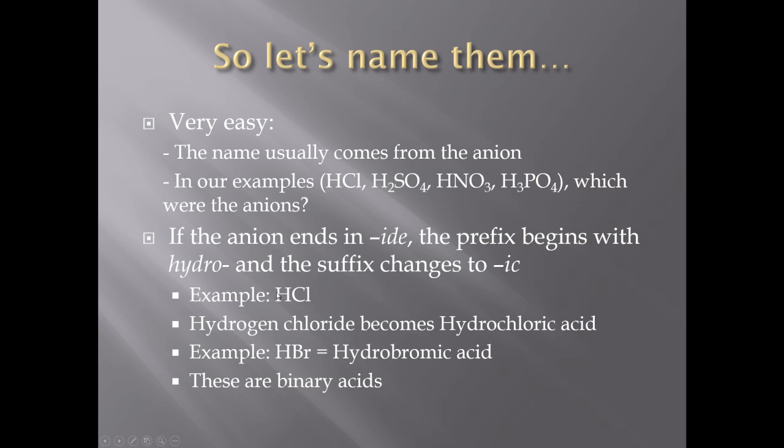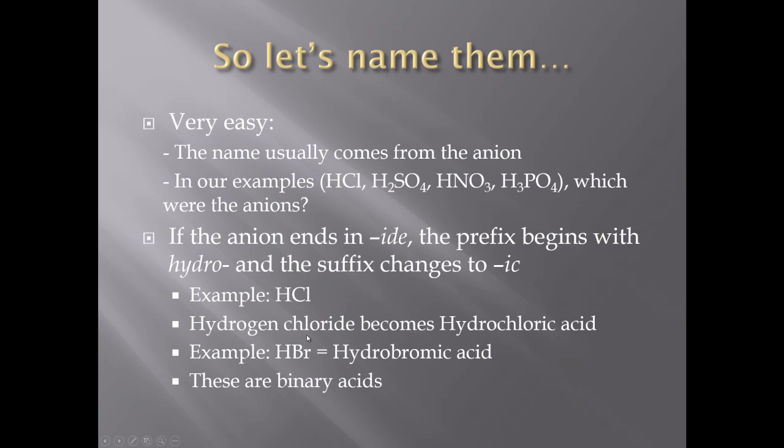For our example, this is HCl, which if we named it as an ionic compound, we would name hydrogen chloride: the cation, and then the anion with the ending changed to IDE. So this would be called hydrogen chloride if it were purely ionic. However, because it begins with H, we know that it's an acid, so we're going to change it according to this rule.